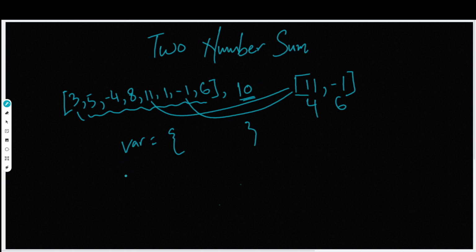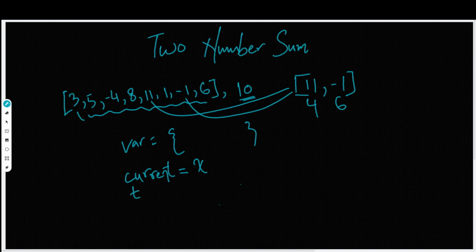For example, we can make two variables in our code. Current is the number that we have here, and let's assume it's x, because we are looping through the whole array once.